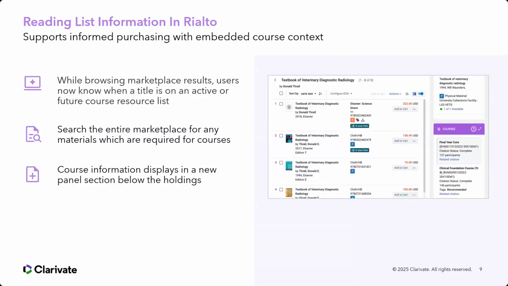And what it looks like is, as you're browsing the Rialto marketplace, you can see the indication that something is being used on a course. So you'd be able to see that this is maybe used in 6 courses. If you're browsing around, this might be useful in terms of making the right decisions about which of the offers you might want to make, or whether you want to purchase something or not. So you'll have that data available to you.